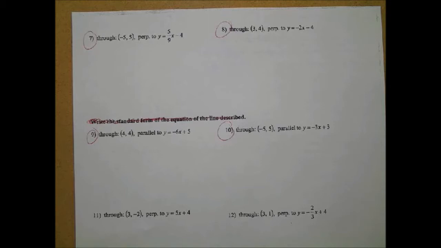Mr. Wood. So I got confused. If you have it as c plus b. The reason is because parallel and perpendicular lines are only related by their slopes. That's it.